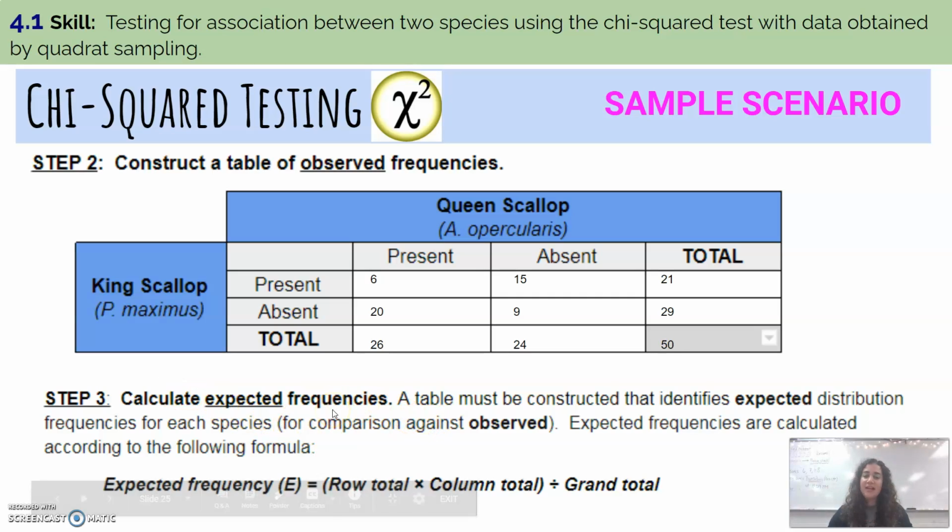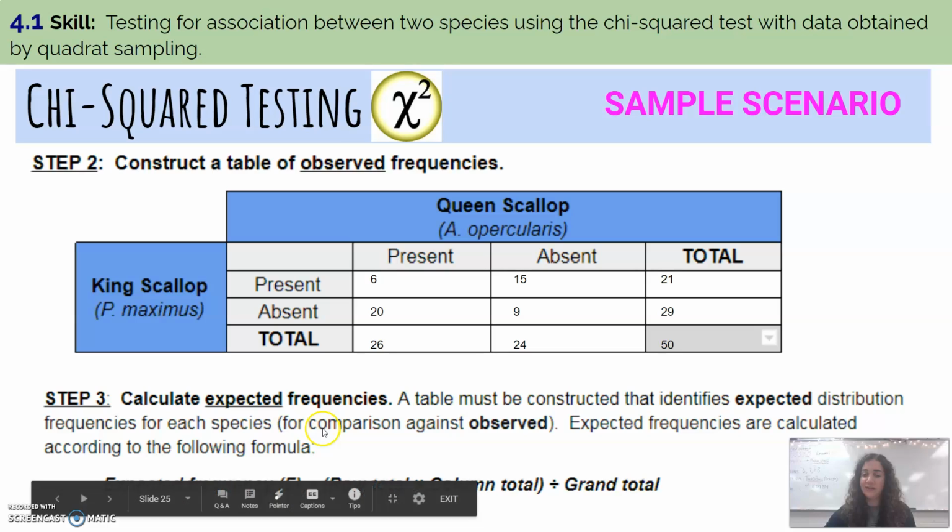The table that we're going to construct is not just an expected frequency table. It's going to have the expected distribution, and we're going to immediately compare it to the observed. I'll show you that table on the next slide. It just makes everything a little bit easier when you get to the final calculations. But we are going to follow this equation that I just blocked.